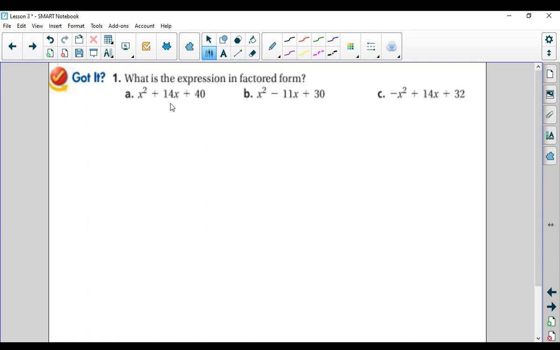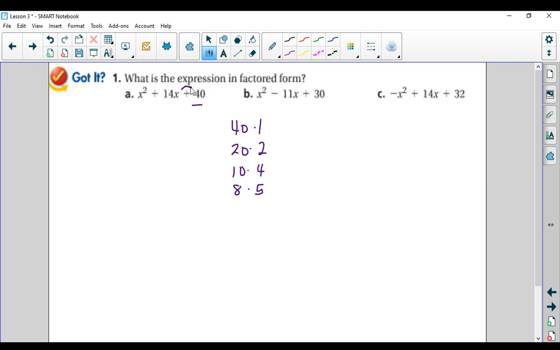We're going to do this problem right here. We're going to find the factors of 40. 40 times 1, 2 times 20. 3 doesn't go into 40. 4 times 10. 5 times 8.